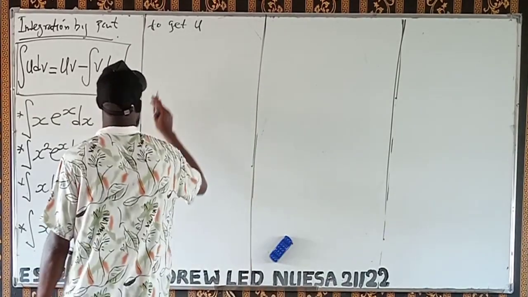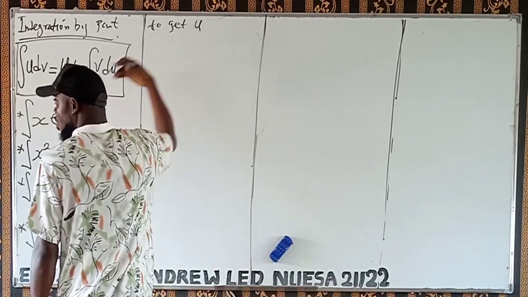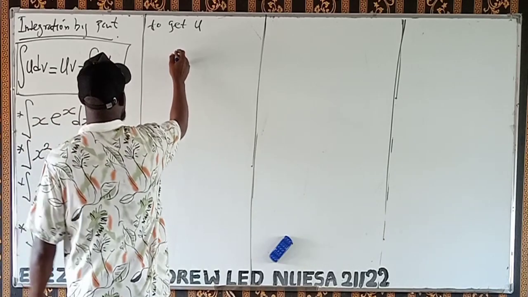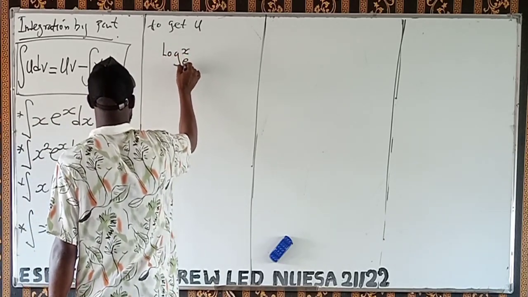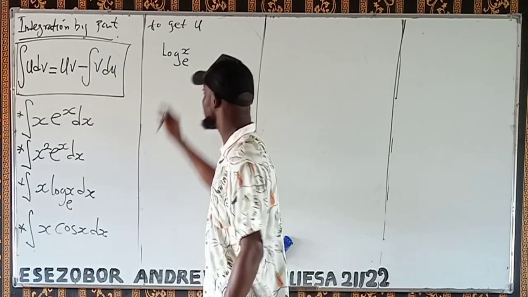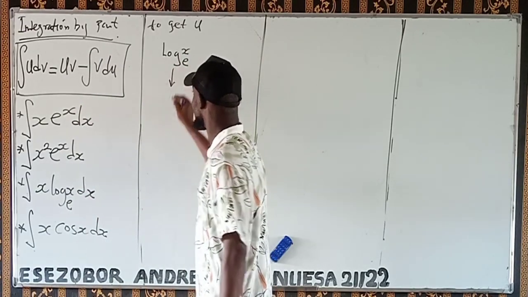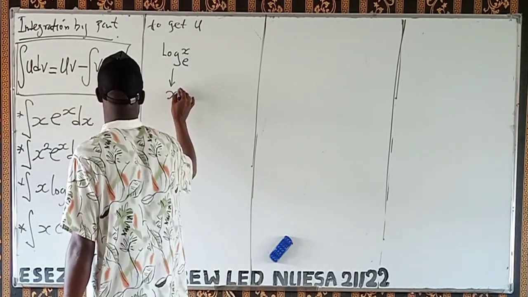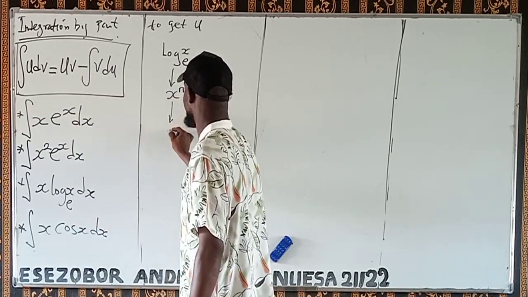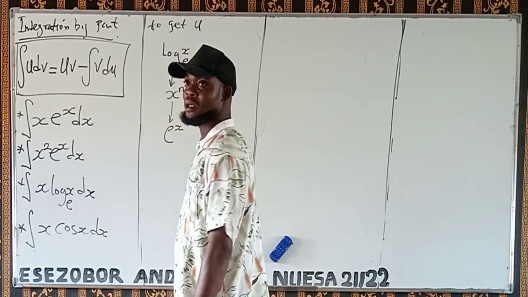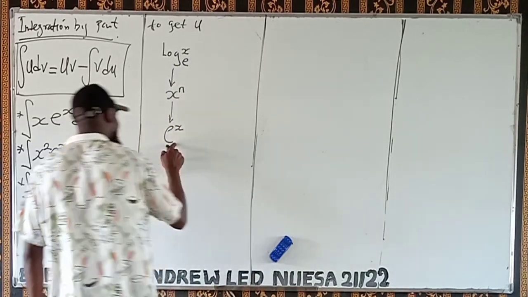To select u, the first thing you check is if you have log x to base e. If this one is not there, then you check if you have x raised to power n there. If this one is not there, then you check if you have exponential x there.